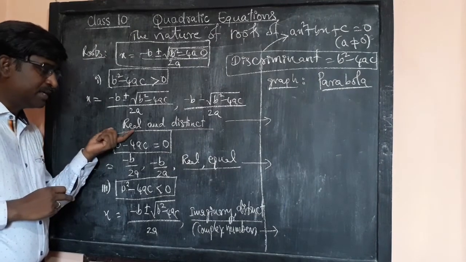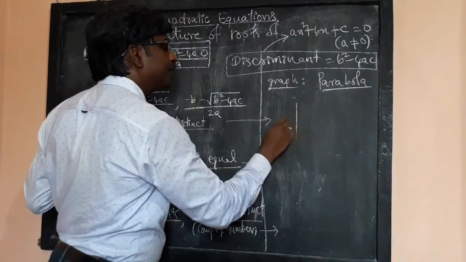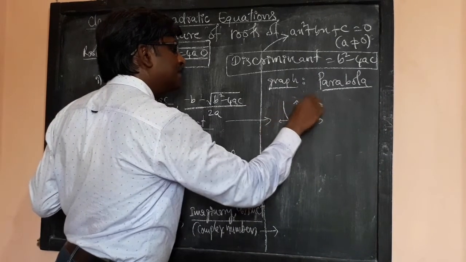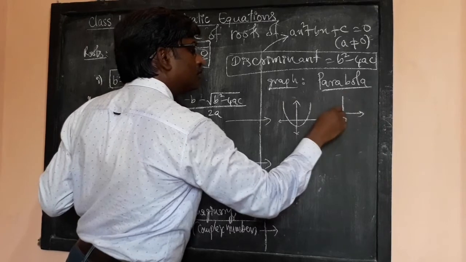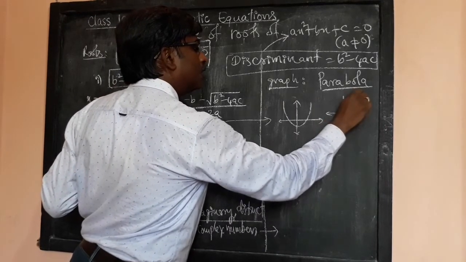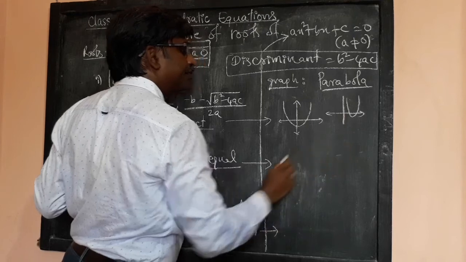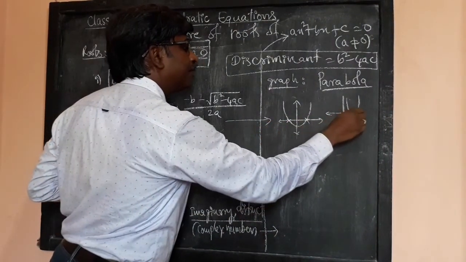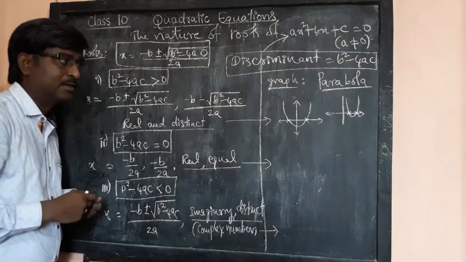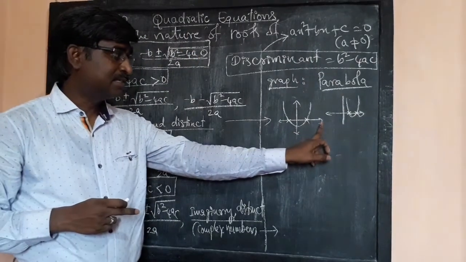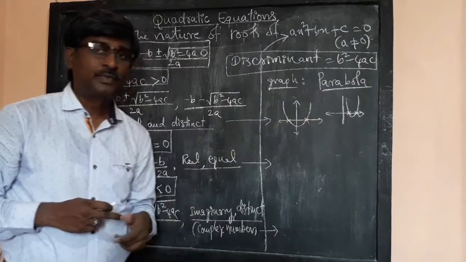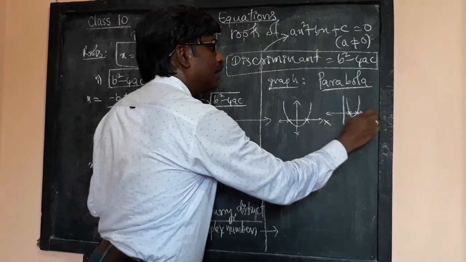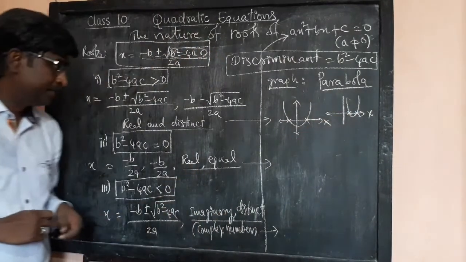So in such a situation, the graph may be either like this or like this. That means here we can observe the intersection of the parabola with the x-axis at 2 points.